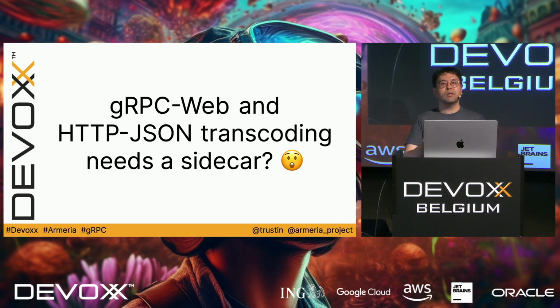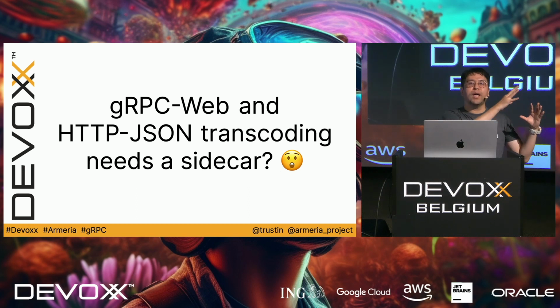But in Java, official gRPC Java does not support it. So you have to add some kind of sidecar or API gateway server to enable that. This means you have to add one more server, and then you have to provide the same set of .proto files. So you have some kind of maintenance burden or operational complexity here.